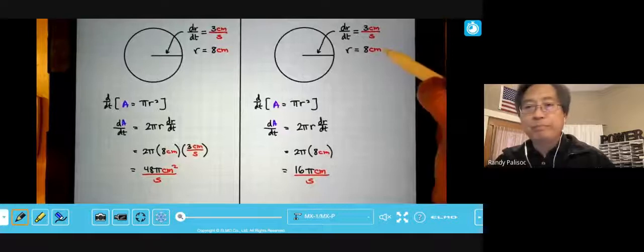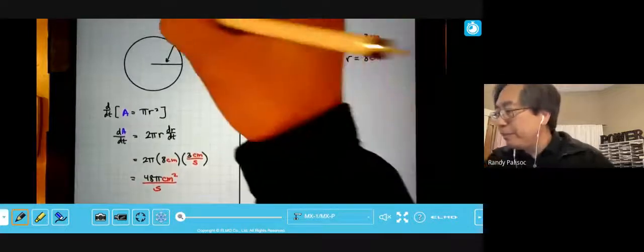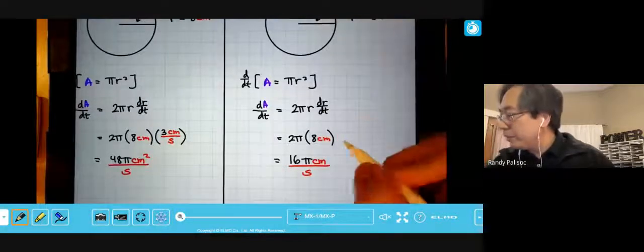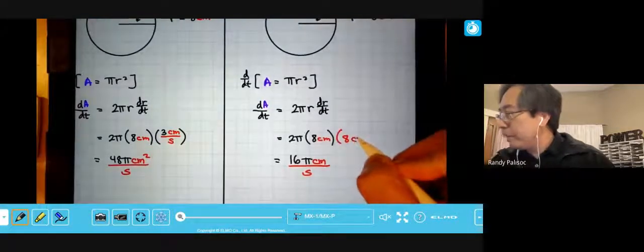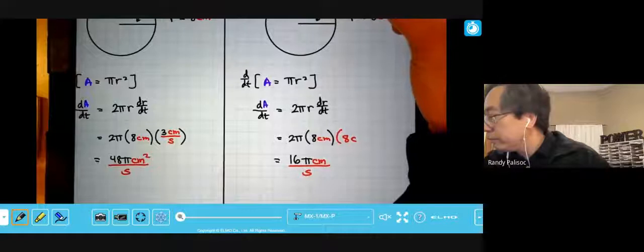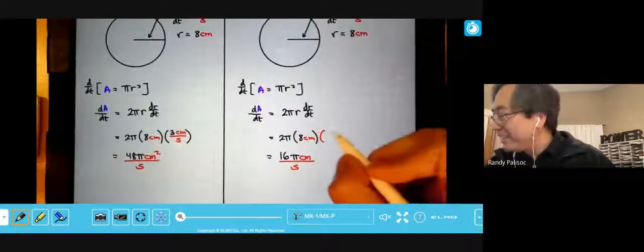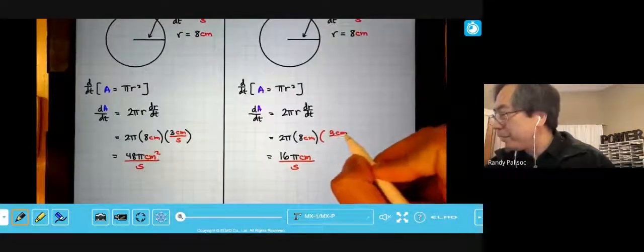So that would be the 8 centimeters here. So let me go put that in. Forgot to include the 8 centimeters. Well, I'm sorry, I forgot to include the rate. So that is 3 centimeters per second. It's even helping me now. So that's 3 centimeters per second.